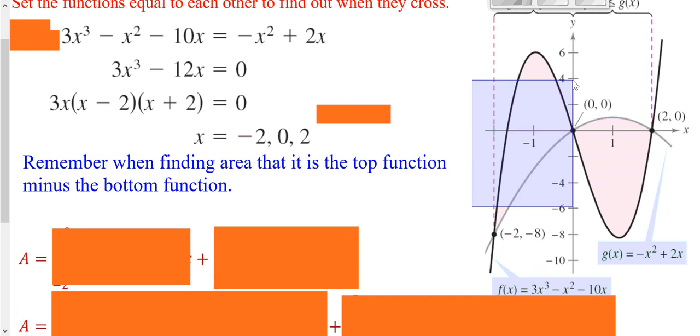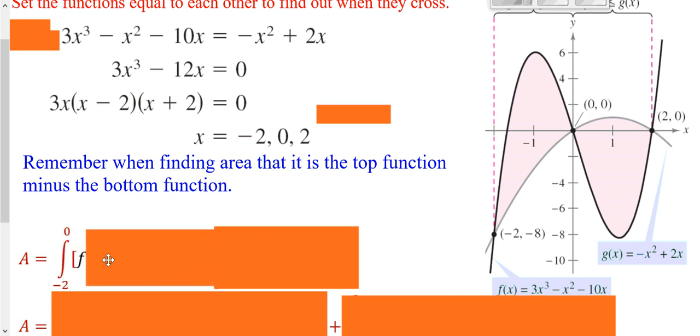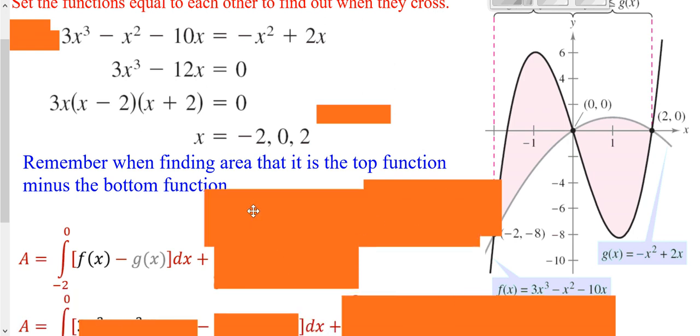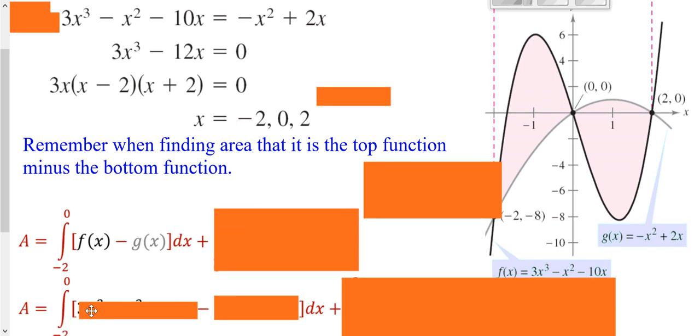So we'd have to do one integral from -2 to 0 with the cubic on top, the parabola on the bottom. So the cubic minus the parabola on the bottom.